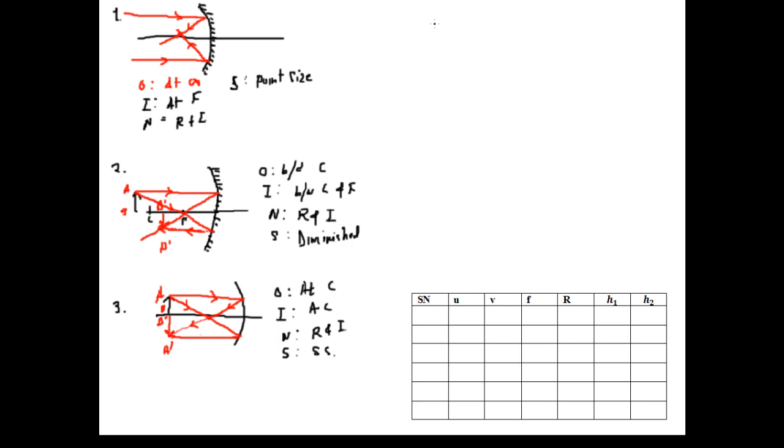This point is F, and then, please try to understand, I am drawing with my pen here, so maybe it is a little off here and there. So I will draw one more ray.